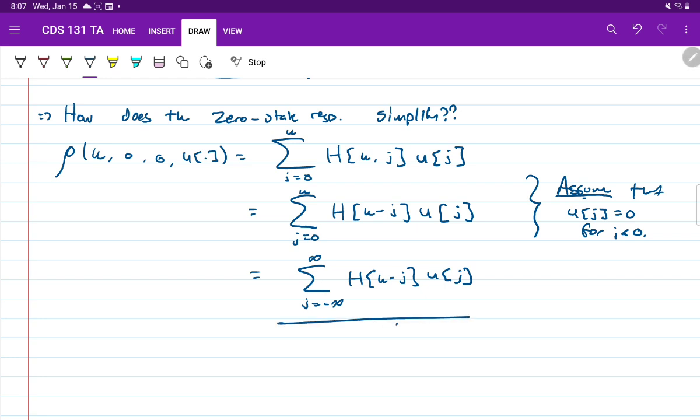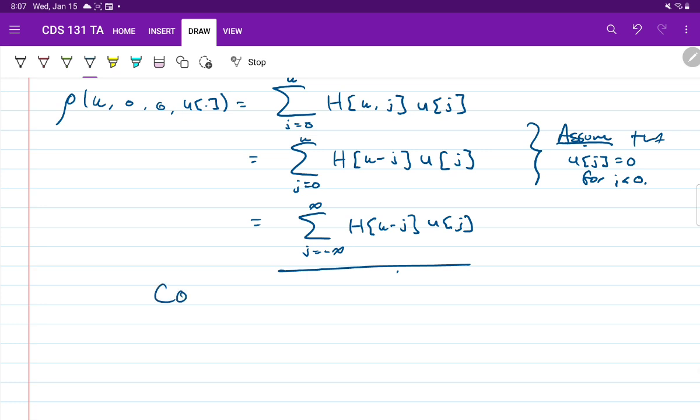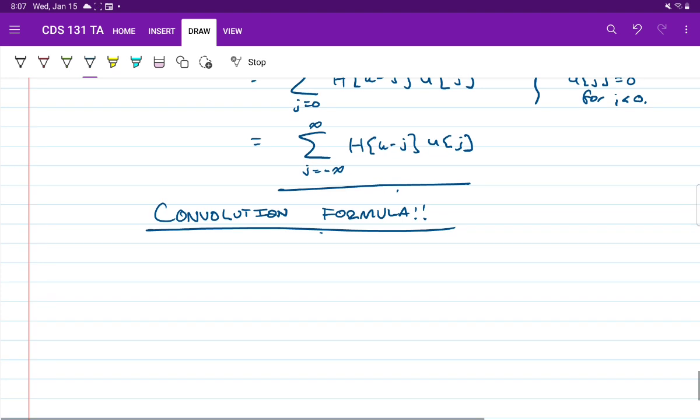Okay, so what we've derived over here is actually something called the convolution formula. All right? So sums that look like they're of this form are super, super important in control and signal processing and all these other fields. Okay? Let's just go ahead and formally define what we derived loosely up here.